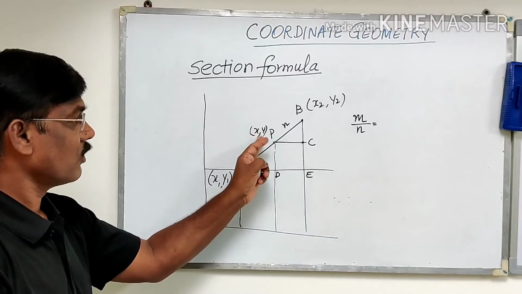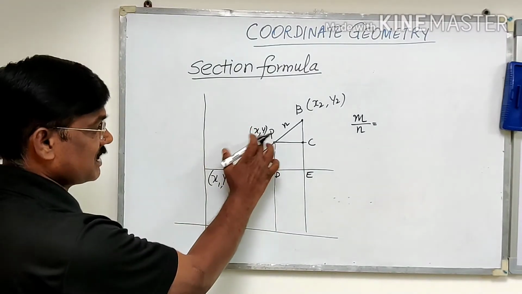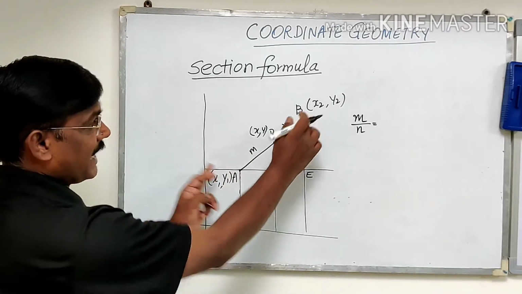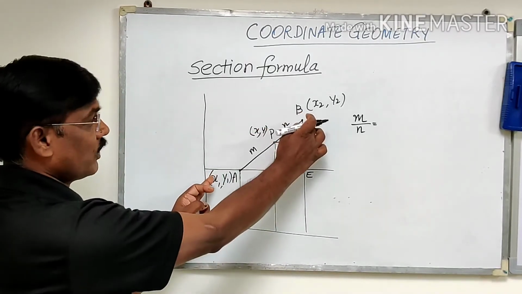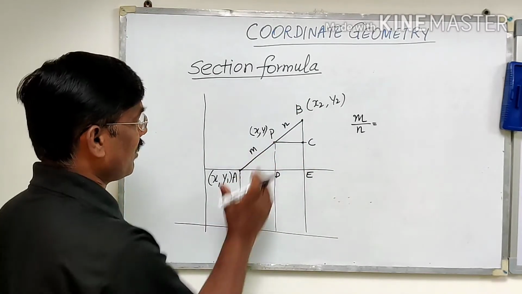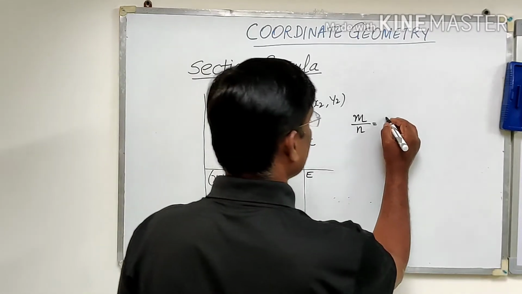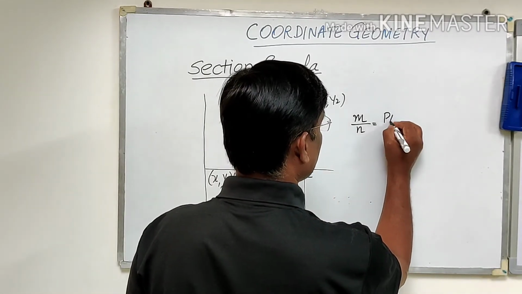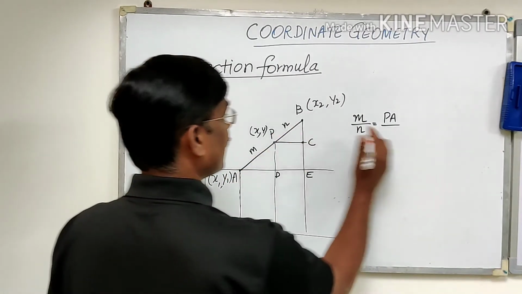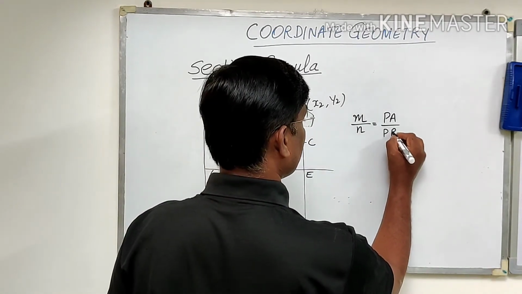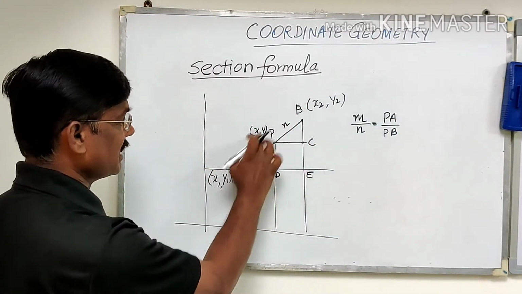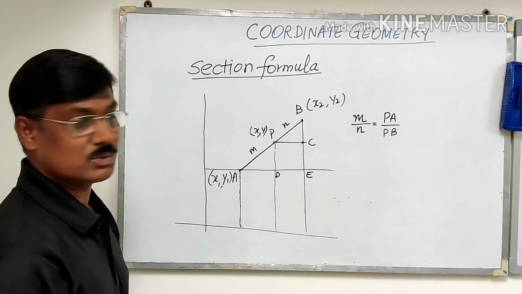Now we have to find the coordinate of P, which is x and y, which divides in the ratio M and N the line segment between the two coordinates A and B. What is M by N? This is nothing but AP, or we can say PA, divided by PB. PA divided by PB is nothing but M is to N.